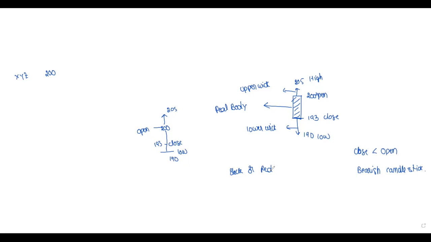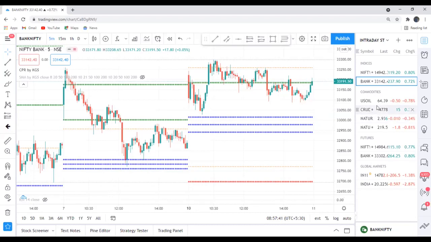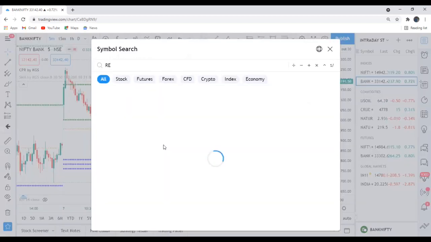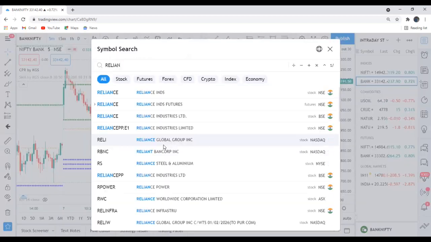Next we will go to a real-life example and I will tell you how the candlestick is formed in a normal chart. Let us take the example of Reliance.